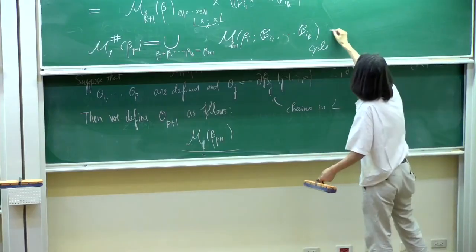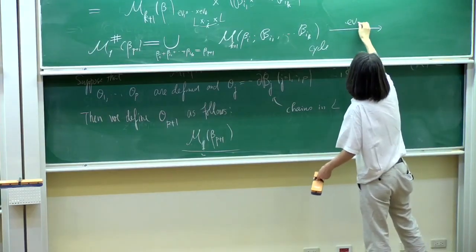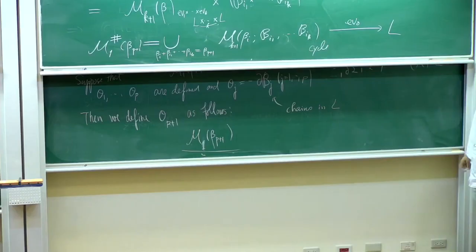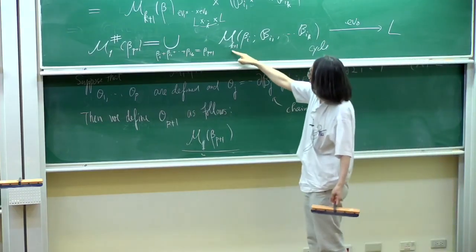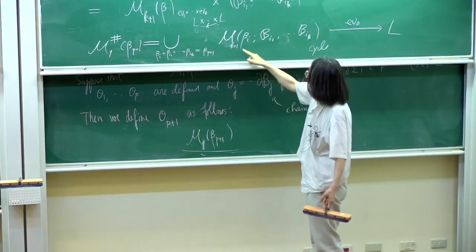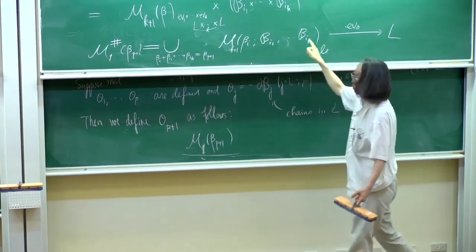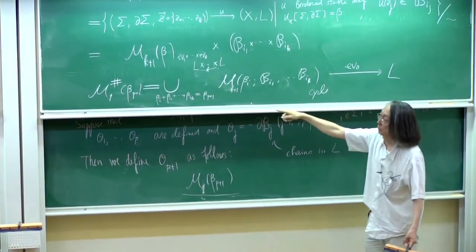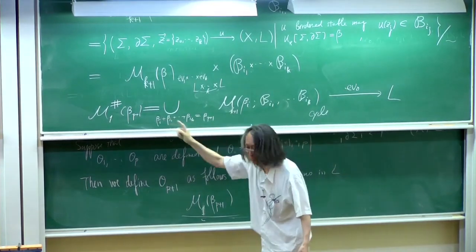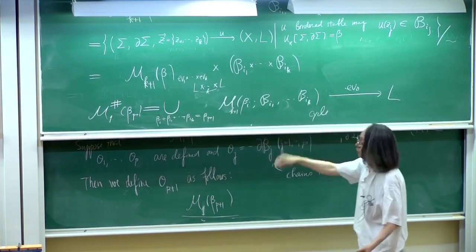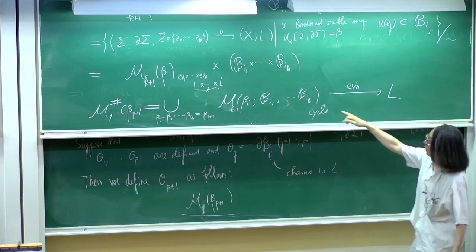But anyway, now I have another one, because here I have a map again to this. I used z_1 to z_k to put these constraints, but z_0, the zeroth marked point, was not used in this definition.